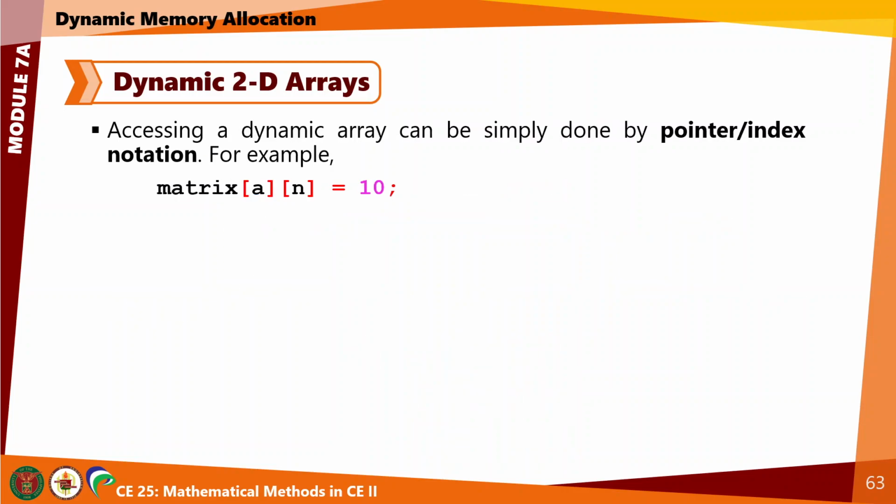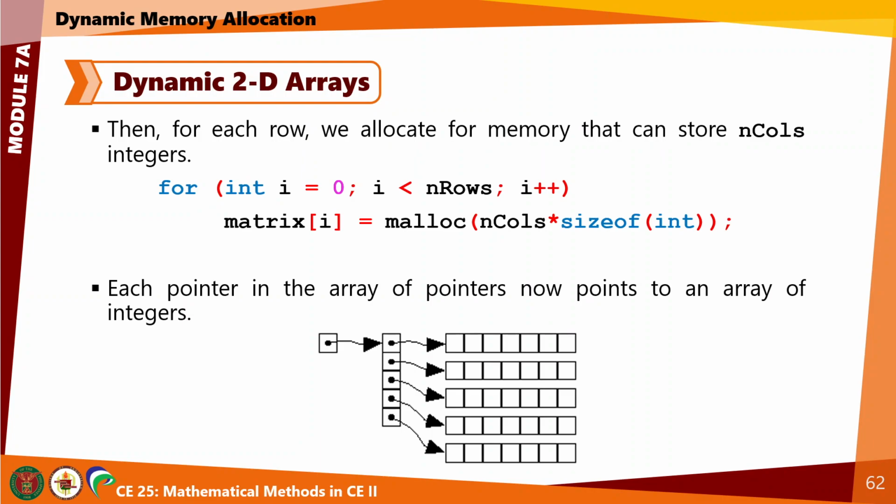And how do we access yung laman ng 2D arrays? So accessing dynamic array can be simply done using pointer or index notation. For example, matrix[a][n]. Diba hindi naman declared as array si matrix, diba? It's a pointer. Okay, pointer to pointers.